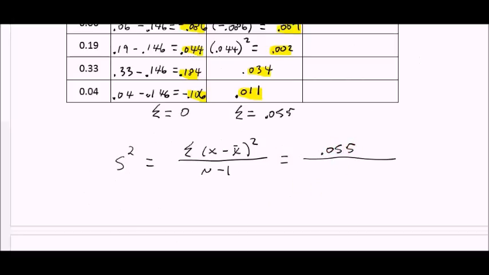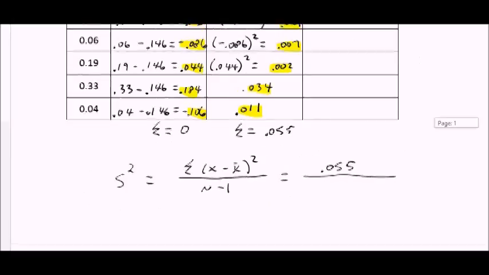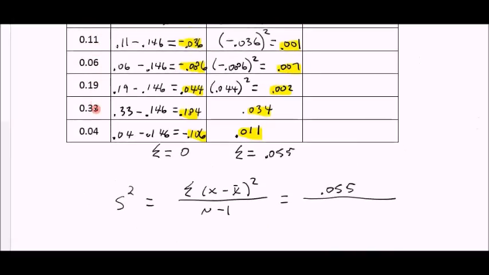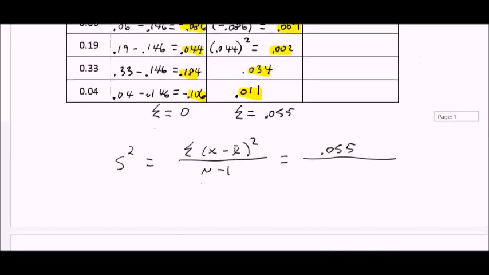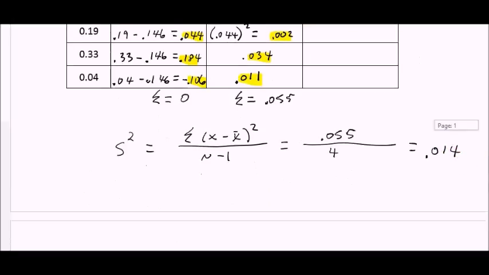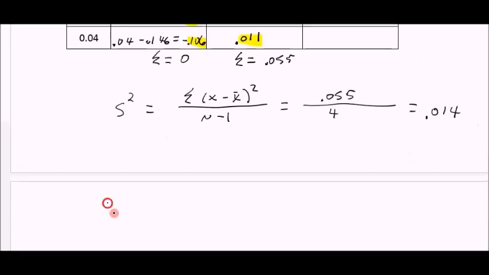N minus 1, well, remember there were 5 data values: 1, 2, 3, 4, 5. So n minus 1 would be 4. So 0.055 divided by 4 comes out to be 0.014. Now remember, this is the variance. This is the variance for the sample.